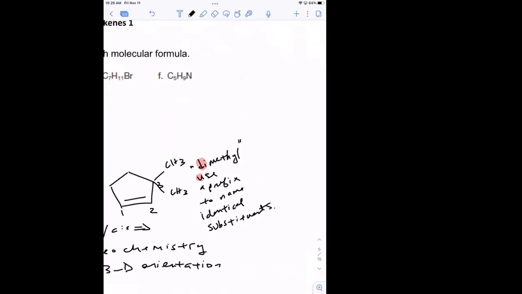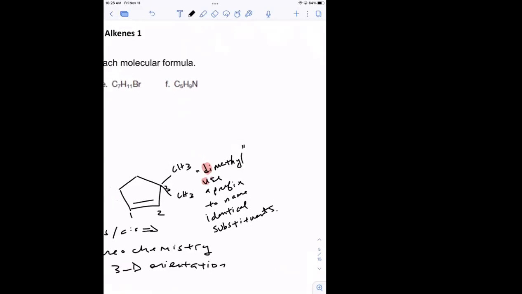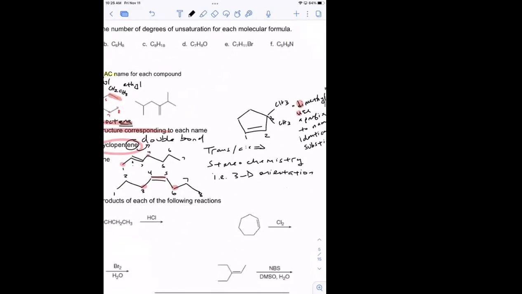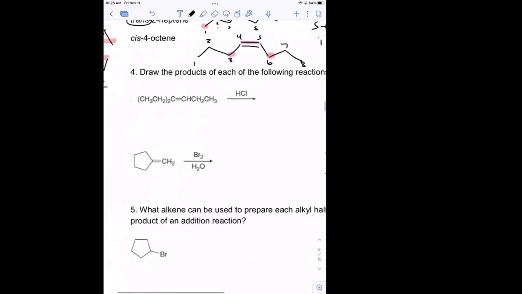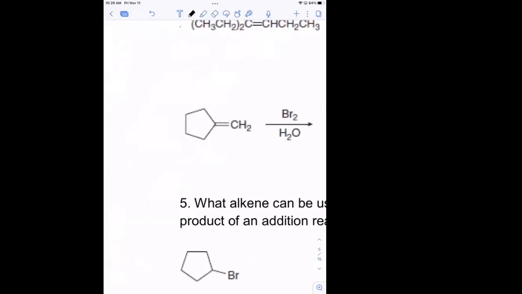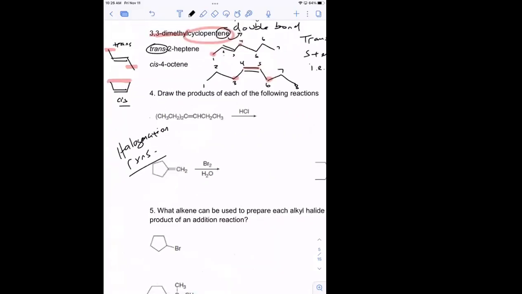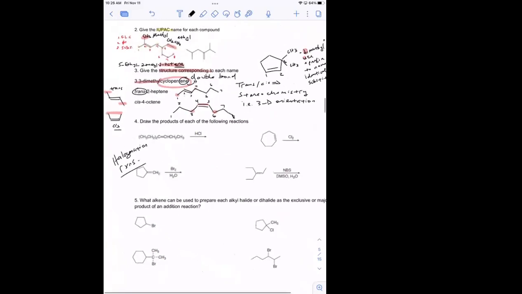All right, let's go to the next section. So the next section, these are halogenation reactions. So this is gonna be me adding the halogens to the alkene. I'm actually gonna cut this out, put it on another page.